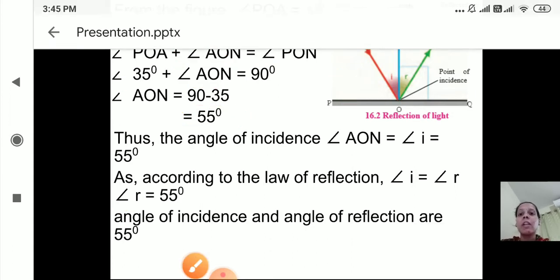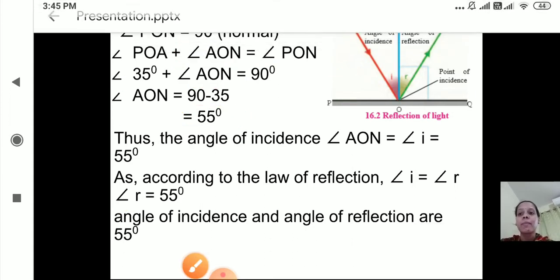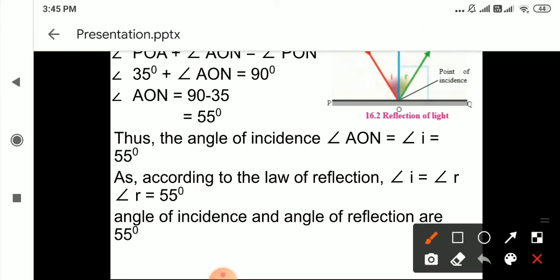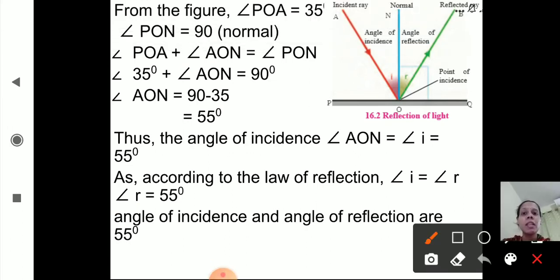Once again we will repeat this. In the question, see the figure first. This angle is given 35 degree. The angle between plane mirror and the incident ray is 35 degree. So first we will write down what is given. OA is the incident ray, OB is the reflected ray, and ON is the normal.